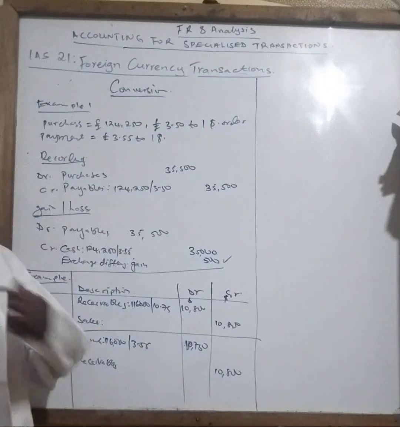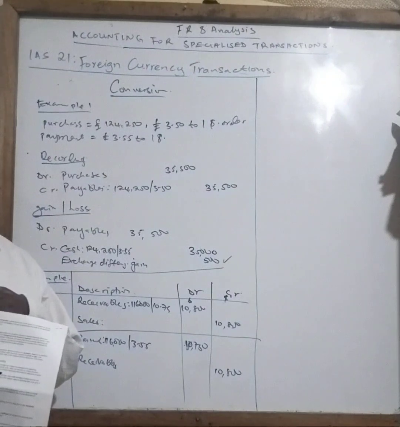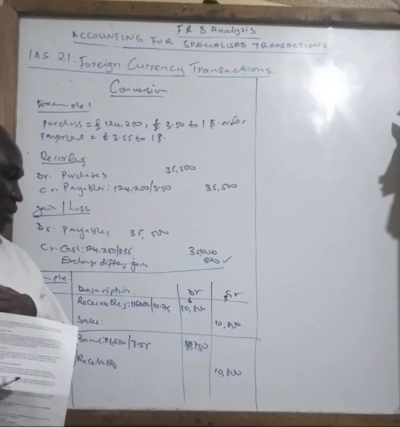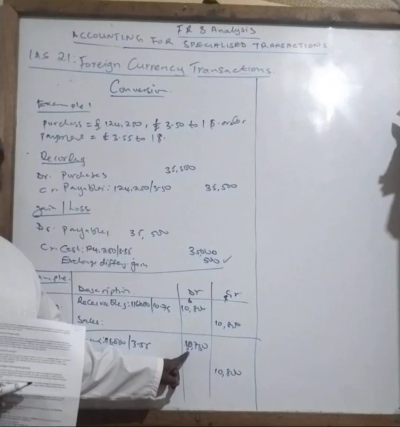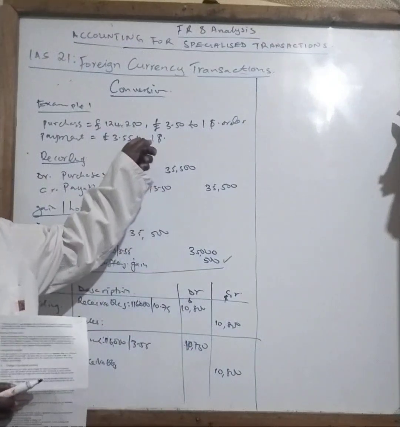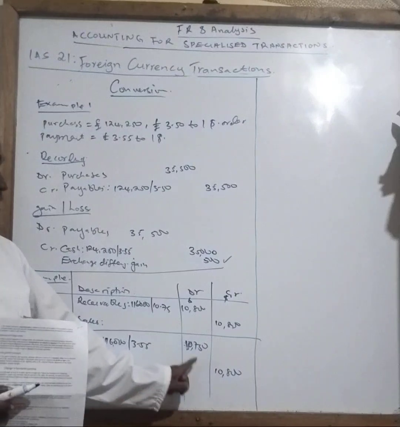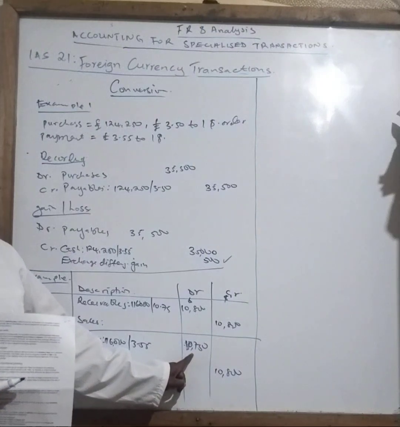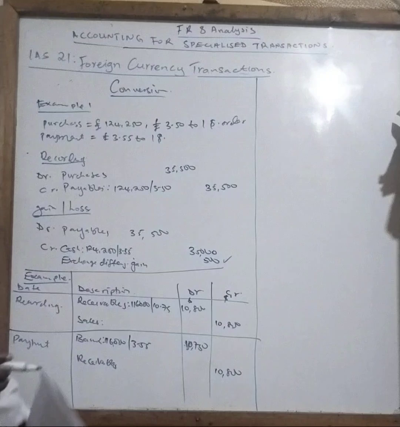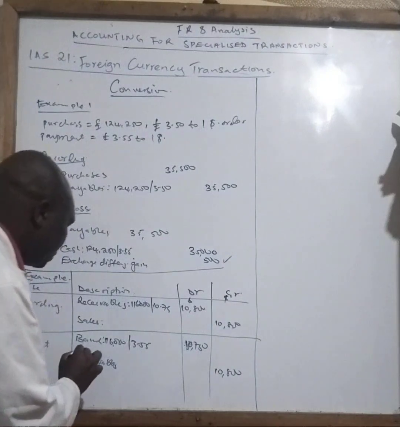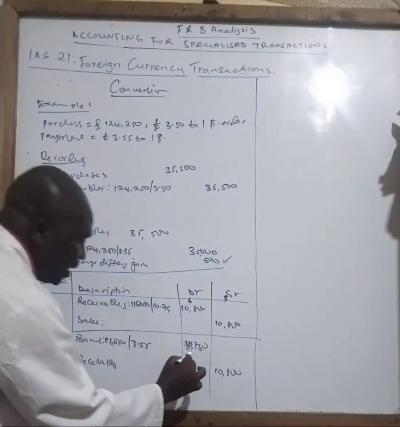Have we lost as a company or have we gained? We have lost. We are being paid less. This question is about sales, unlike the previous one about purchases. So here, with sales, it means that we are receiving less. Therefore, it is a loss. The balancing figure there is 50.